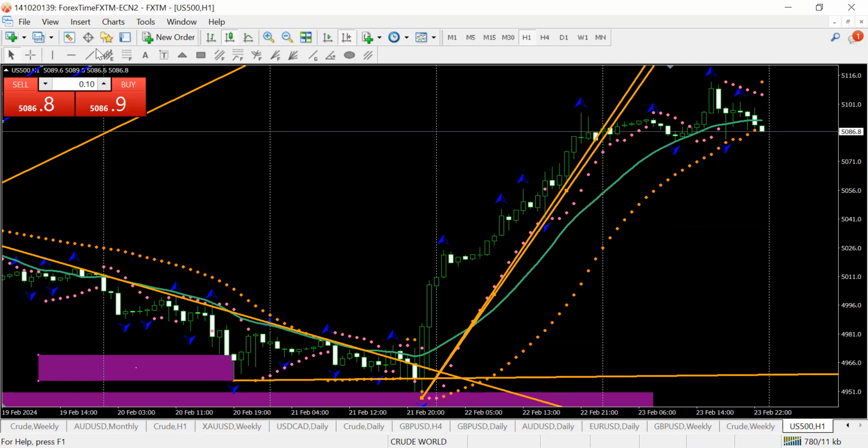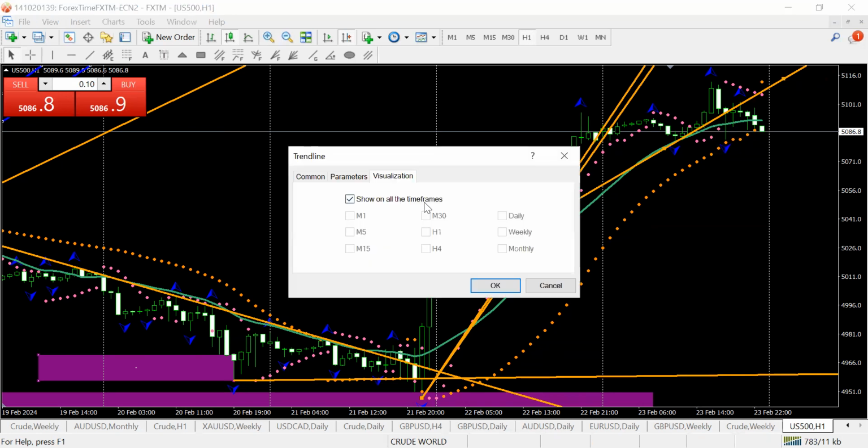Then you have a validated, because this is a sell, they found support here, and then this is a validated bullish trend line.